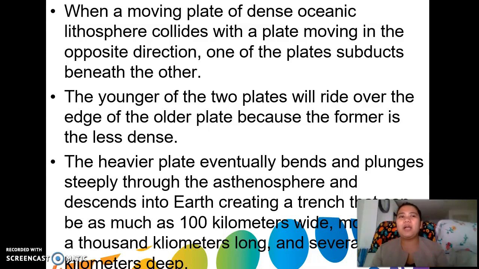So in the interaction of the two plates, one will subduct and the other will override. The heavier plate, the oceanic crust, eventually bends and plunges steeply through the asthenosphere and descends into the Earth, creating a trench that can be as much as 100 kilometers wide, more than 1,000 kilometers long, and several kilometers deep. Trenches are the deepest part of the ocean.